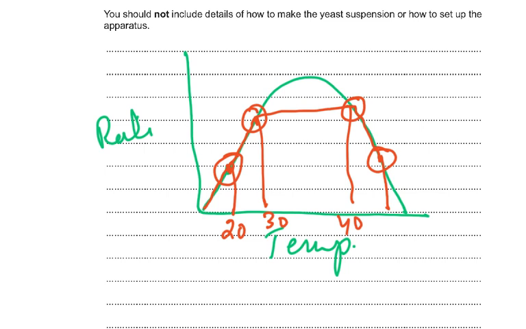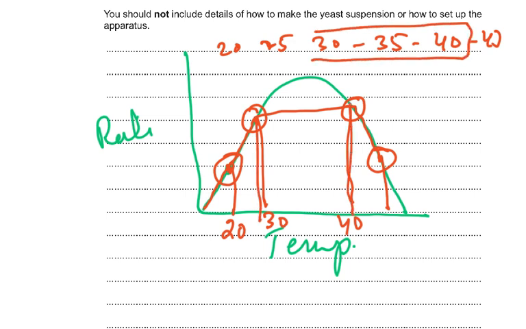So you should have taken 20, 25, 30, 35, 40, 45. But now you know it is something between 30 and 40. So then you can take a narrower range between 30 and 40, like you can have 30, 32, 34, 36, 38, and 40.